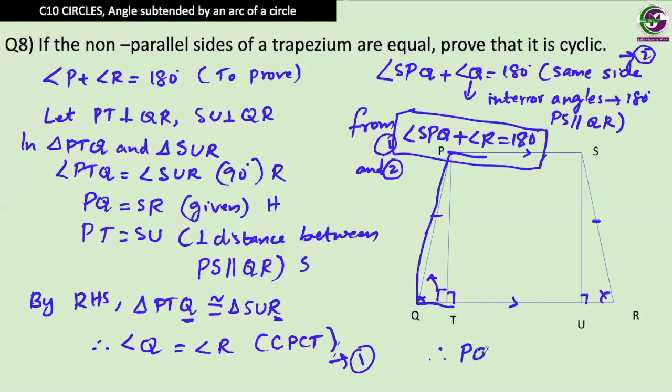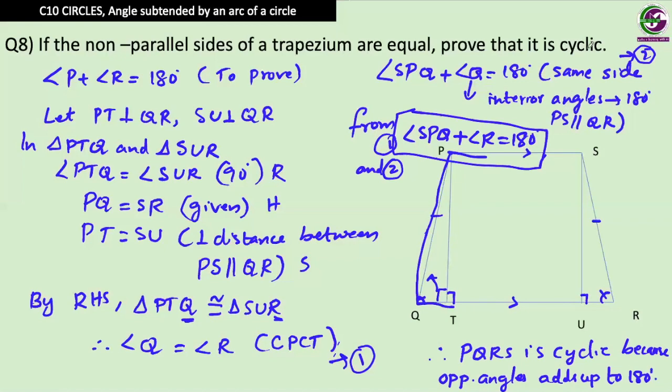Therefore, PQRS is cyclic because opposite angles add up to 180 degrees. That was to be proved.